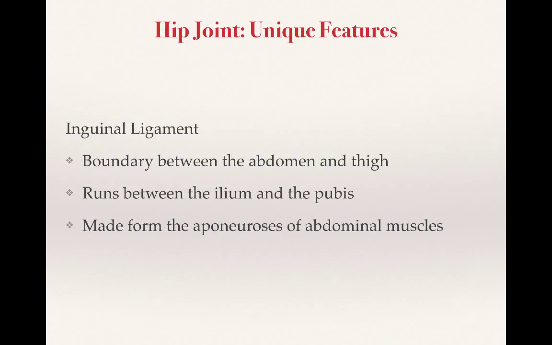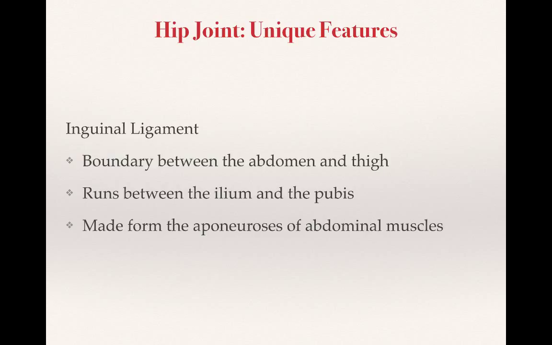Now the inguinal ligament is pretty much the separation of the abdomen from the thigh. So this is where we can draw the line between the trunk and the lower extremity. It runs between the ilium and the pubis, and it is made from the aponeurosis of the abdominal muscles.